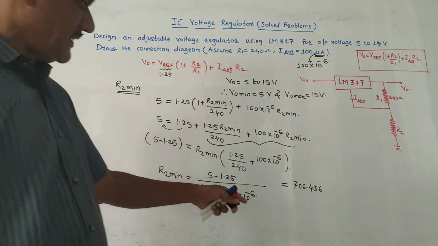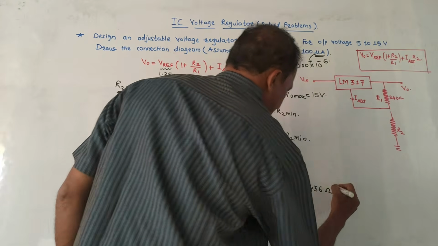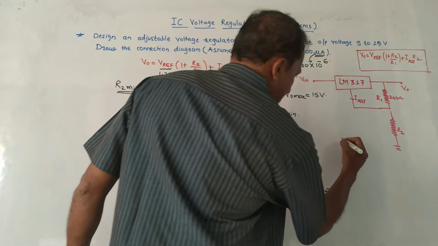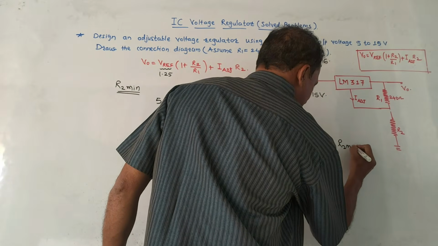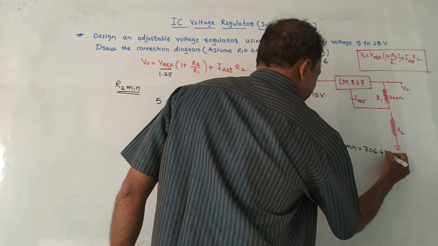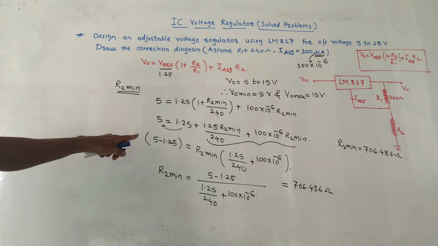Approximately, we can take this value as 707 ohms. This is the range, that is, unit is ohm. So here I write R2 minimum has come as 706.436 ohm. This is the calculation of R2 minimum that we did.